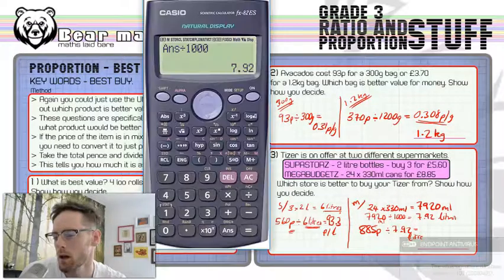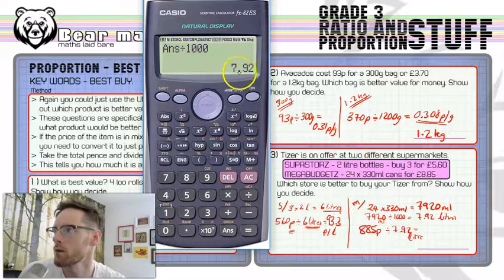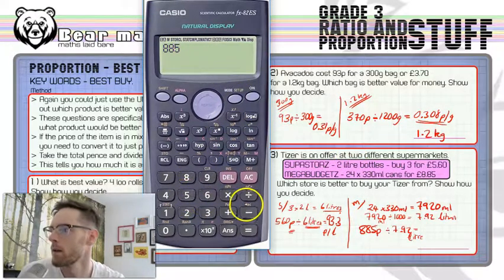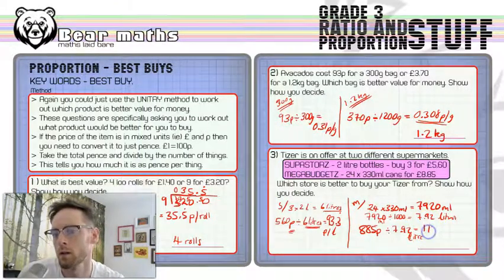Okay, so I knew that was going to come up. I could hear the computer making that. Anyway, 7.92 is on the screen. So 885 divided by 7.92 equals 111.74. Just rounding these numbers off.